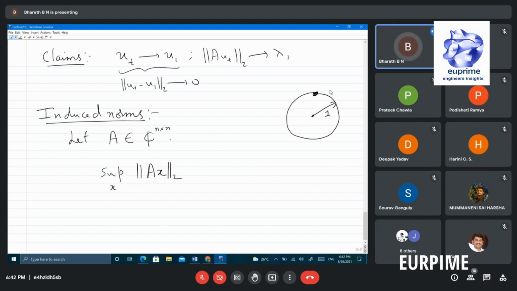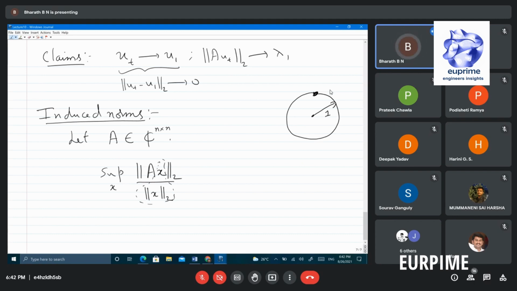So how do I do that? I can just divide it by the norm of X. See, I can push the norm of X inside the numerator norm, right? So AX by norm of X. So this, for example, here is a unit vector, right? I'm just taking a unit vector, operating A and seeing the size of that vector.